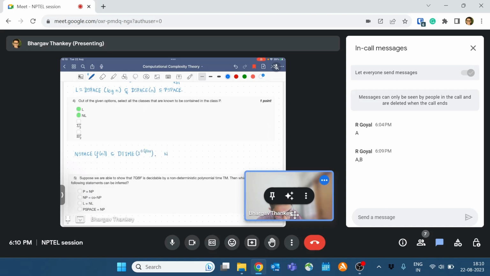And L is contained in NL, which is equal to N space log n, and this is contained in D time. So 2 to the order log n is like, okay, let me write it.